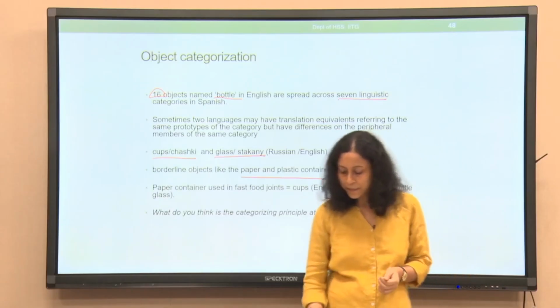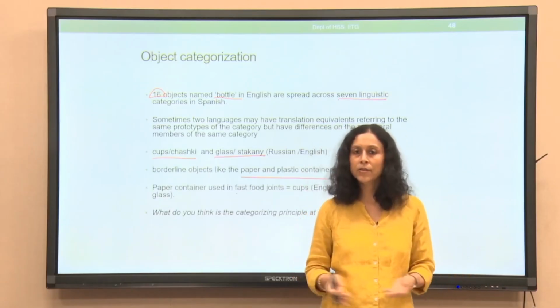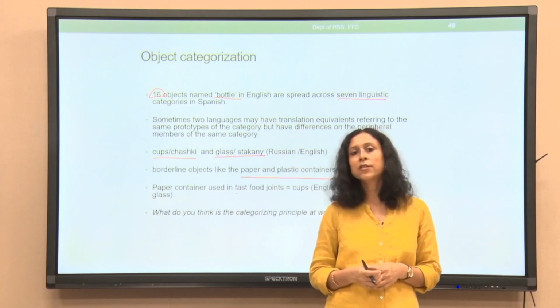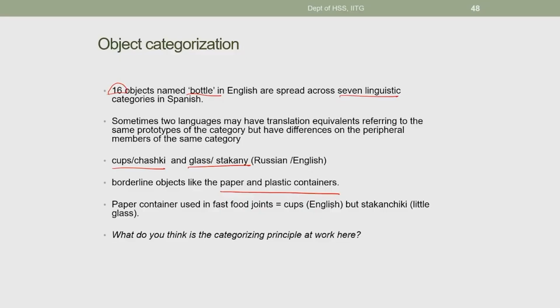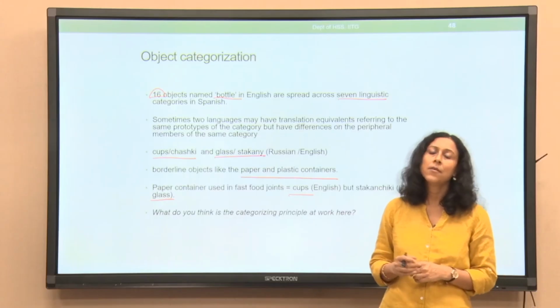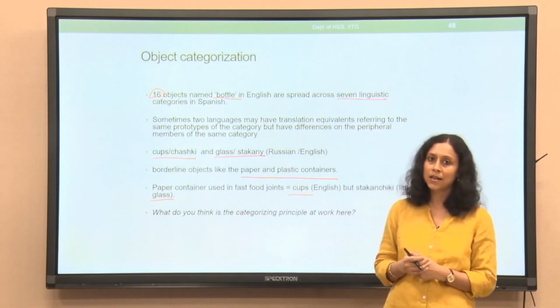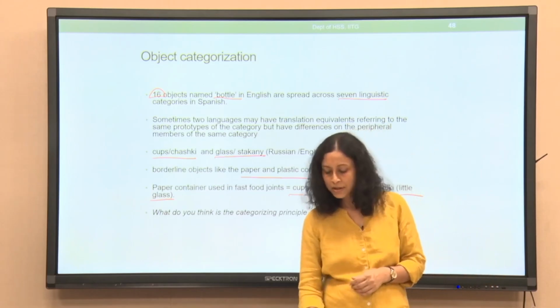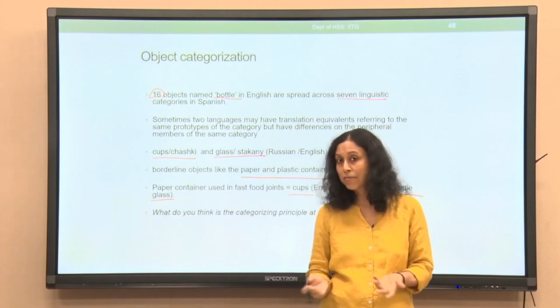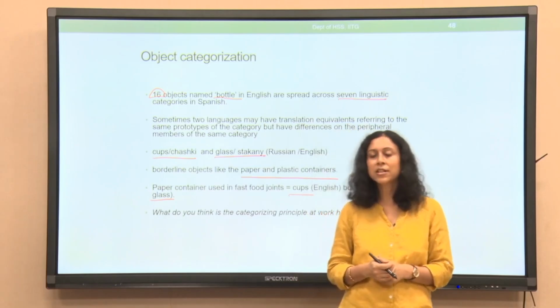For example, the paper container that we are all familiar with from any fast food joint or coffee shop is a paper cup, and in English we call it a cup, but in Russian they will call it a little glass, they will not call it a cup, even though it is performing the same function that a cup does, giving you tea or coffee, probably because it is dependent on the shape.